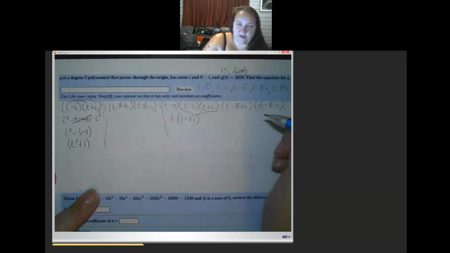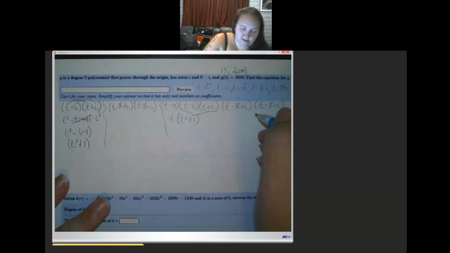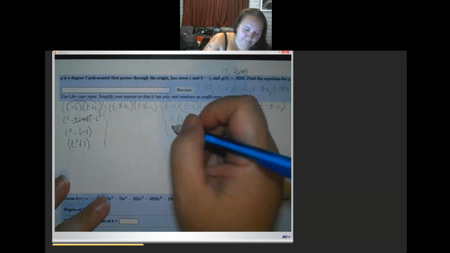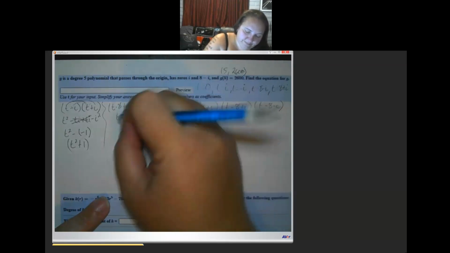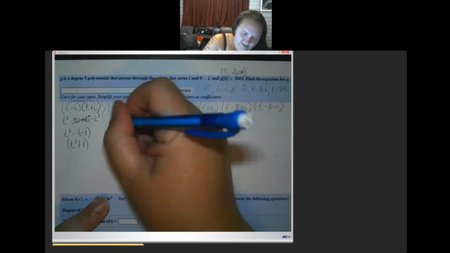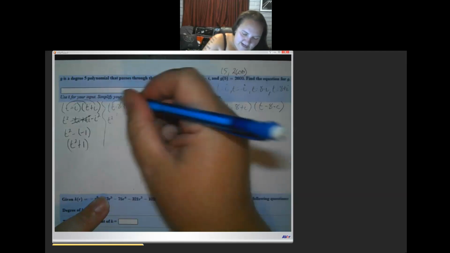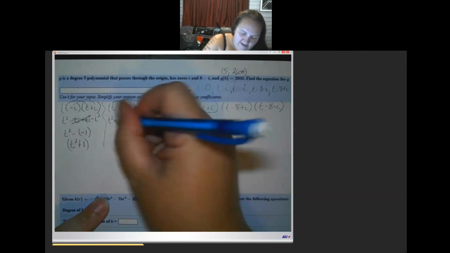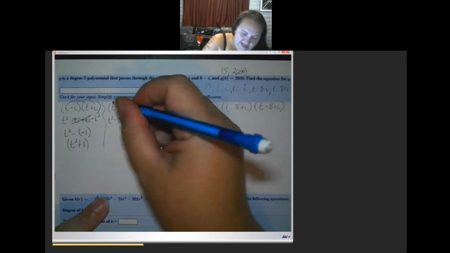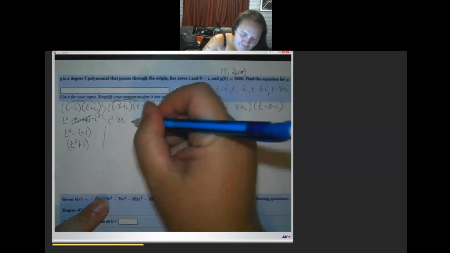Now let's see what I get when I multiply these two together. t times t is t squared. t times a negative 8 is a negative 8t. t times a negative i is a negative ti.